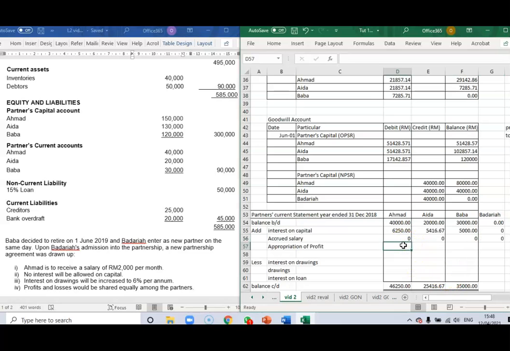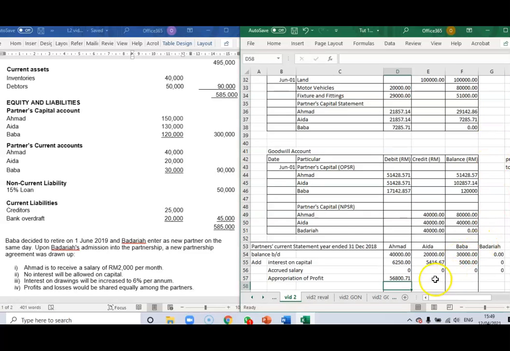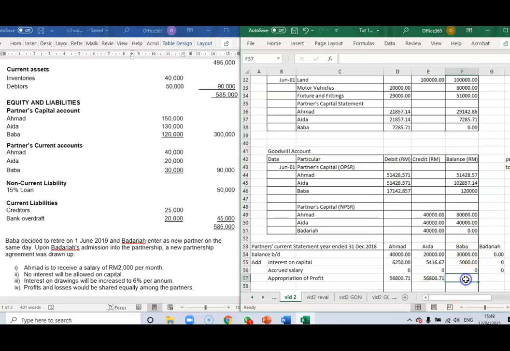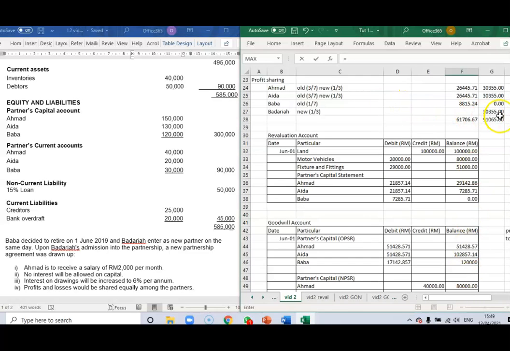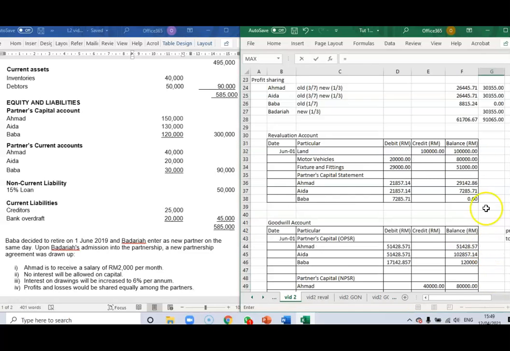Appropriate profit, this one. Ahmad has the old one, and also you have a new one. And also the same goes with Aida. You have old agreement sharing ratio, and you have a new agreement sharing ratio. But Baba only have the old agreement, and Badaria only have the new agreement sharing ratio.